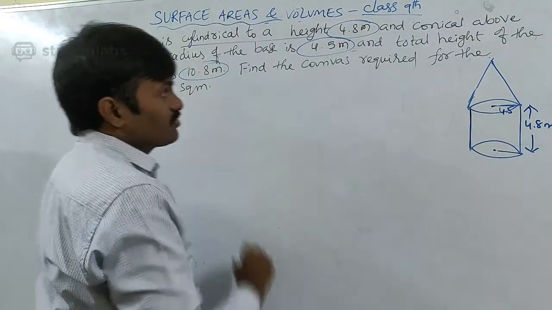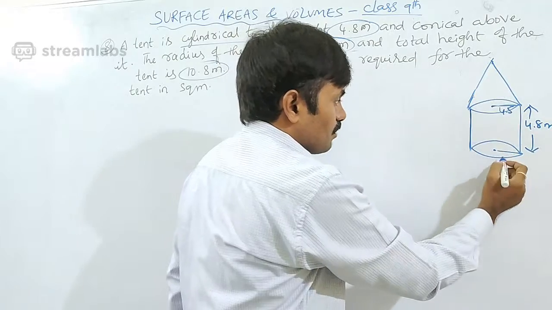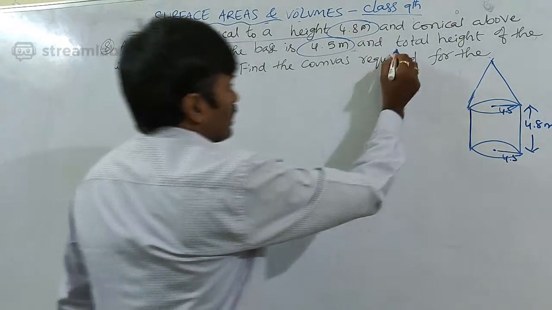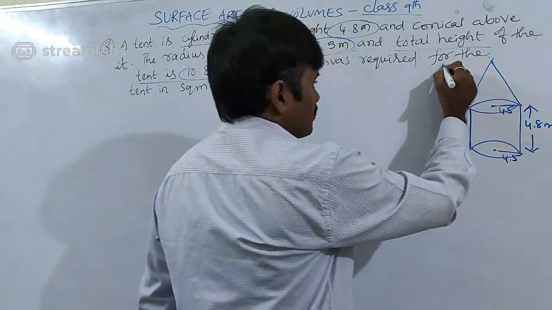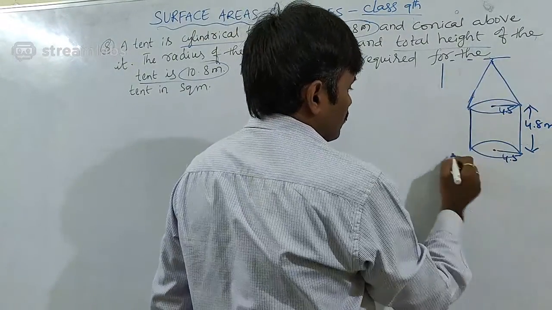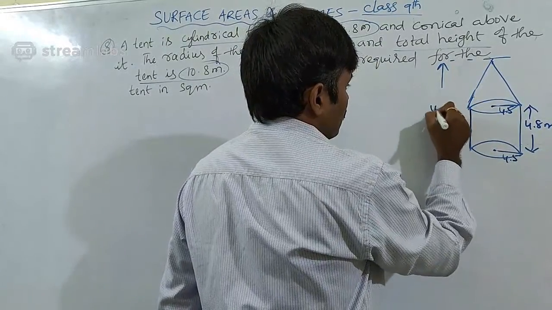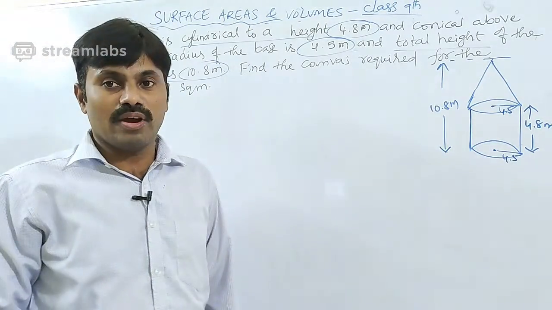The total height of the tent is given, from here to here, 10.8 meters.